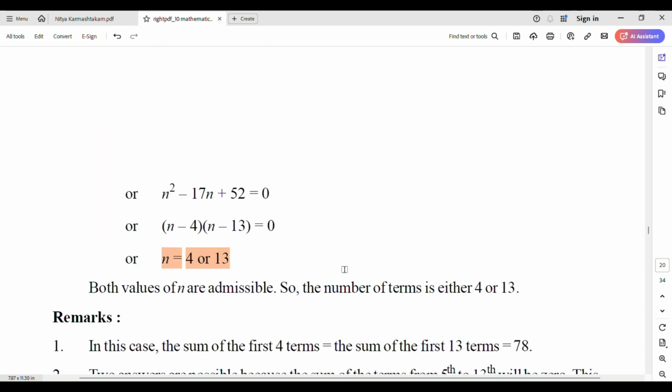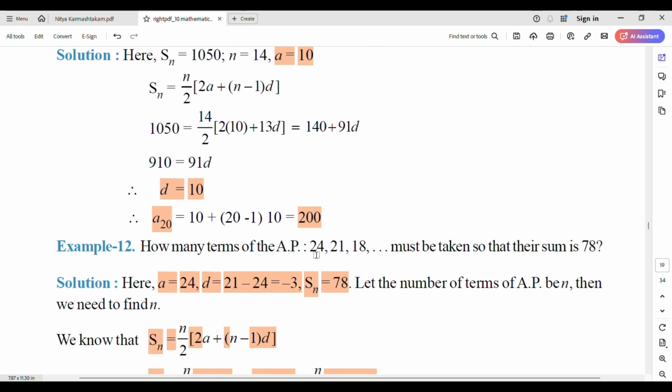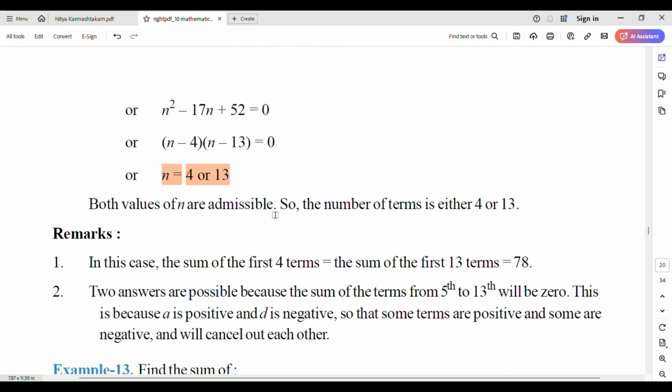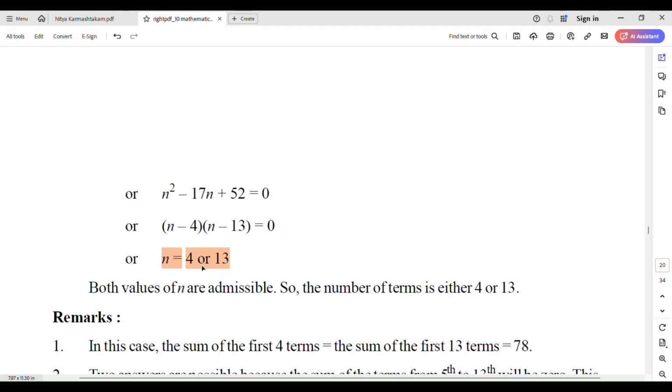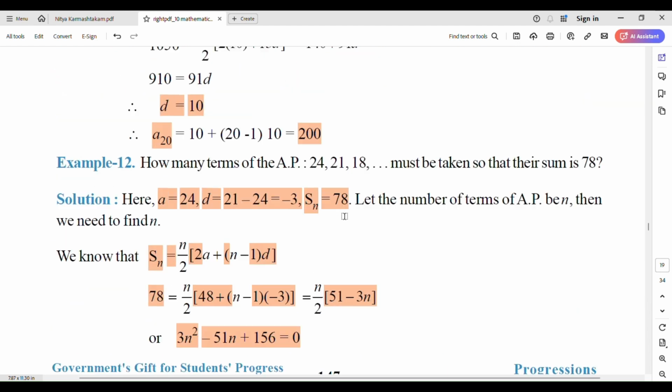The simple way to understand this one is, if you take the first 4 terms, 24, 21, 18 and 15, and sum them up you will get 78. But after that, I also should get up to 13 terms, right? So there are 9 terms which are basically summing up to zero.